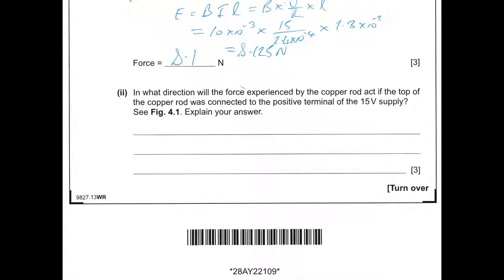In what direction will the force experienced by the copper rod act if the top of the rod was connected to the positive terminal of the 15 volt supply? So if it's plus up at this end, then that means that I is running down like that. And we know that B is coming out this way because that's in the diagram.